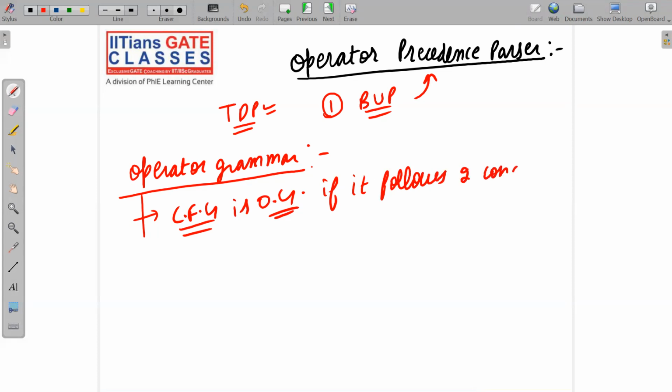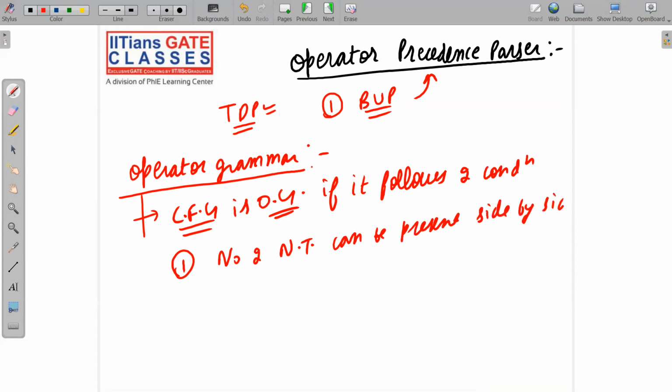two conditions. What are those conditions? The first condition is that no two non-terminals can be present side by side in the RHS.